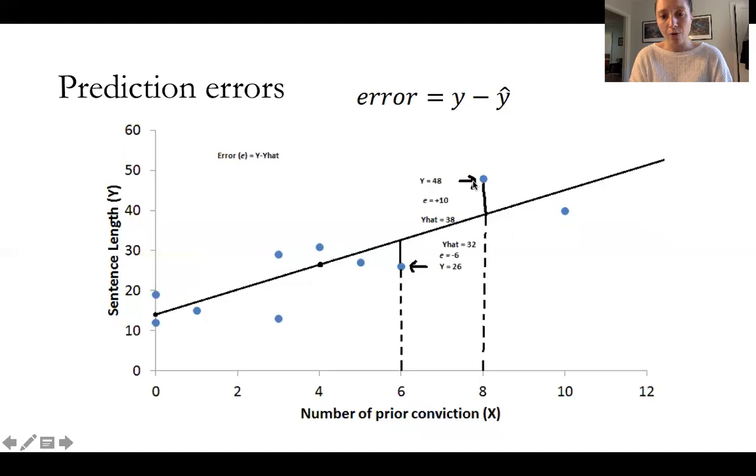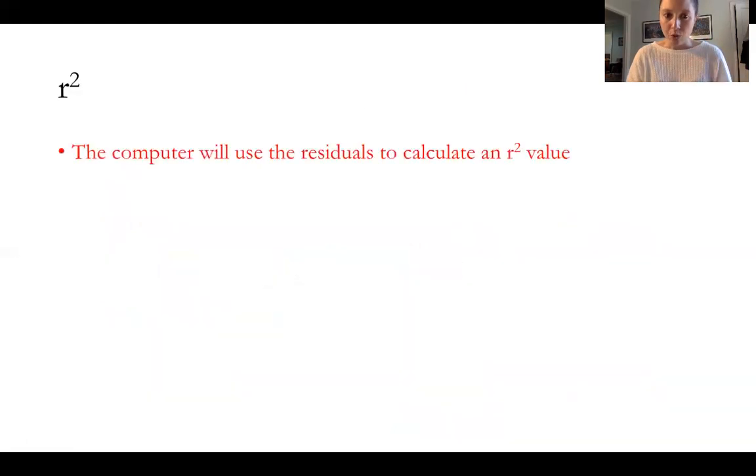So if y over here is 48 coming from our y-axis, and y hat, which is what we call the line, is 38 over here, there's a difference of 10. So these are the residuals, or the leftovers. What do we do with them? Our computer will use that little subtraction, or that difference, to calculate a statistic called an R-squared value.